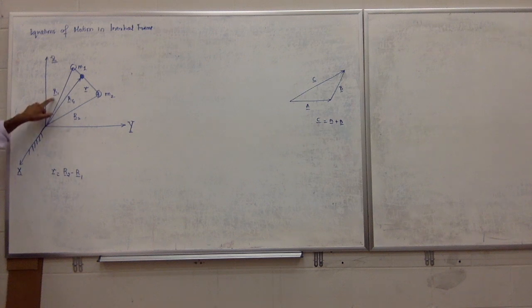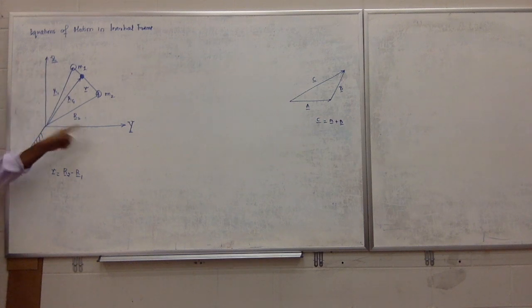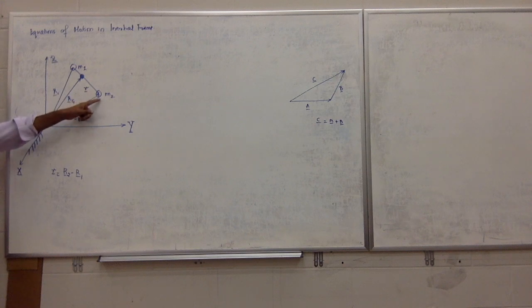What is R1? It is the absolute position of mass 1, because this is an inertial frame. Again, R2 is the absolute position of M2.